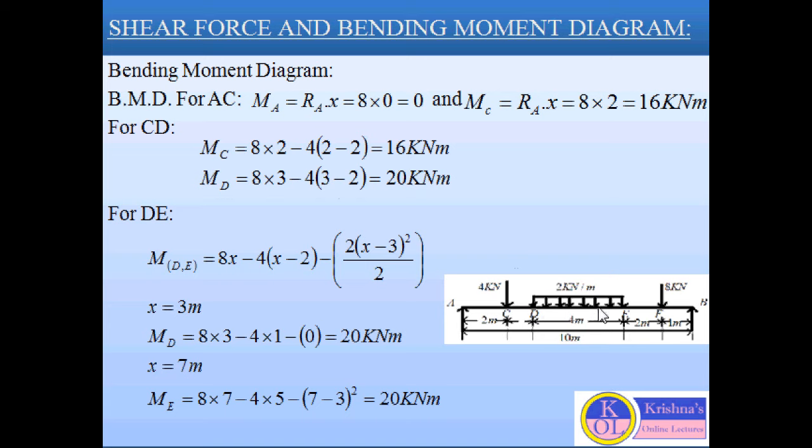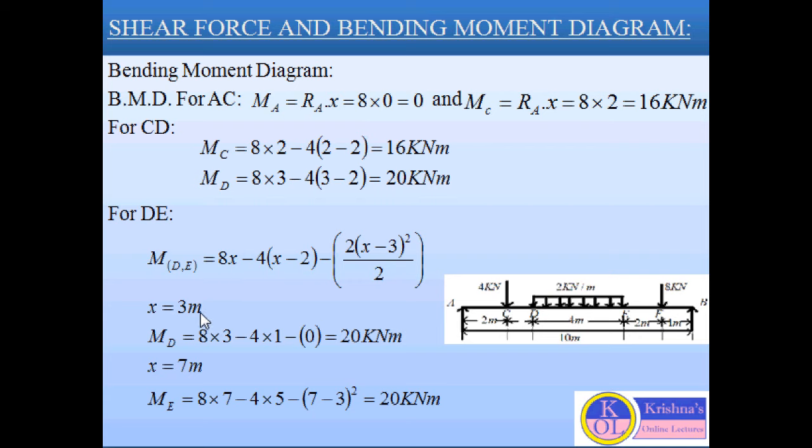Now for DE, we can calculate the bending moment by this equation. This equation is the same, 8x minus 4 into (x minus 2), but this is a UDL, so we will add one more term here, that is 2 into (x minus 3) whole square by 2. The x is the distance where the bending moment is acting, and 3 is the distance from point A. This formula is for UDL.